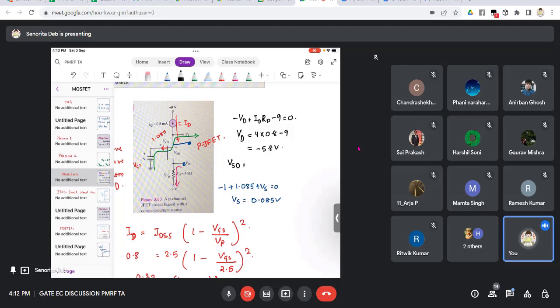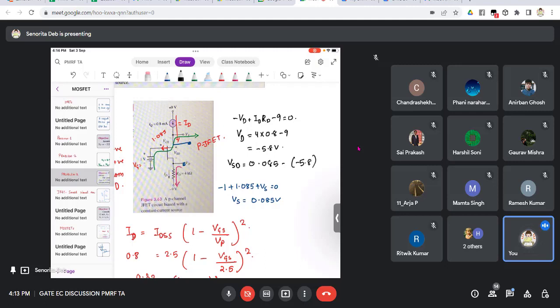Okay, let me just write it, and then we will see whatever the mistake has been done. So VSD was coming to me. I think that should be positive. So VSD is coming, according to here, to be 0.085 minus of minus 5.8.